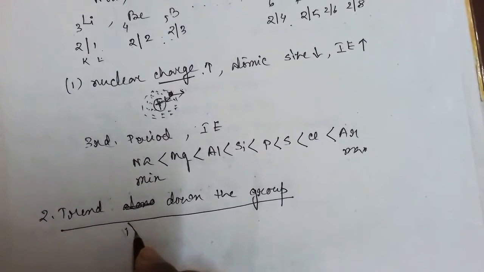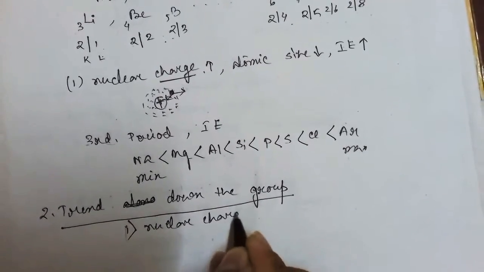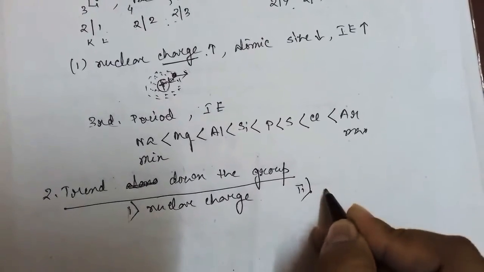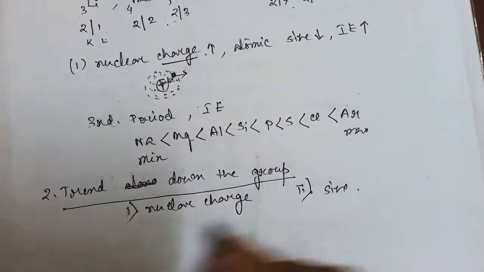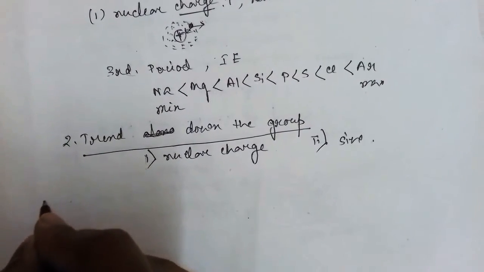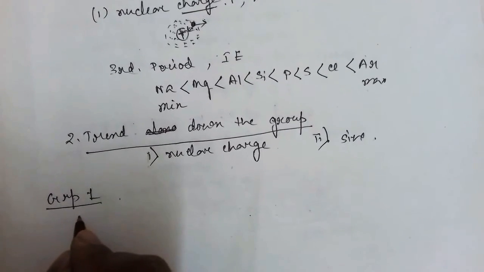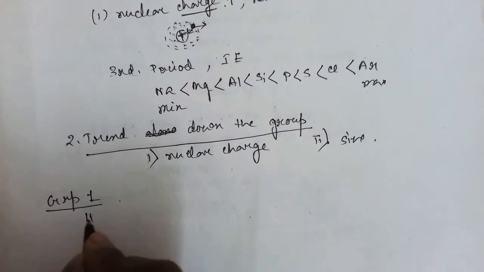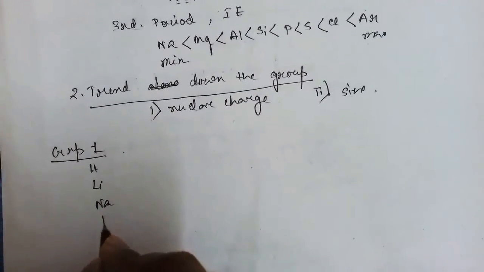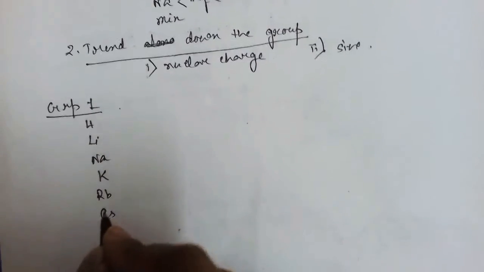Nuclear charge and, second, size. As we move down the group, if we consider group 1, we have hydrogen, then lithium, then sodium, then potassium, then rubidium, then cesium.